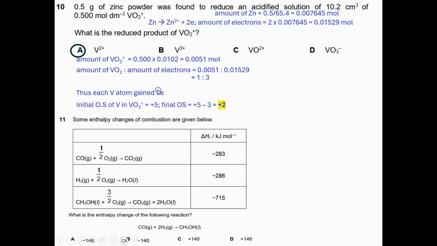And if you find the original oxidation state of vanadium in VO2+, it is +5. Each V atom gains 3 electrons, and when there is a gain of electrons, it corresponds to a reduction in the oxidation state. So the final oxidation state of vanadium will be +5 minus 3. The final oxidation state is +2, which corresponds to the species V2+.